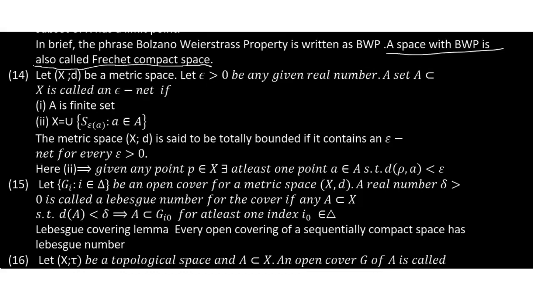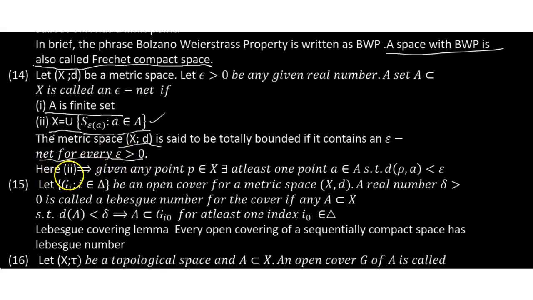Let (X, d) be a metric space, and let epsilon greater than 0 be any given real number. A set A subset of X is called an epsilon net if A is finite and X is the union of the epsilon balls S(a, epsilon) for a belonging to A. The metric space (X, d) is said to be totally bounded if it contains an epsilon net for every epsilon greater than 0.